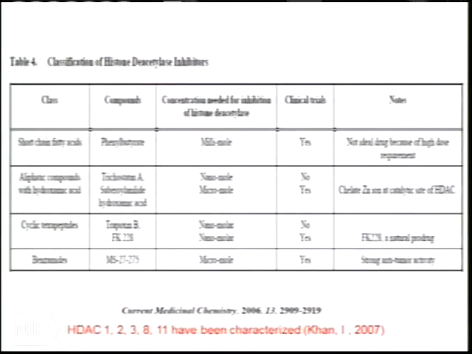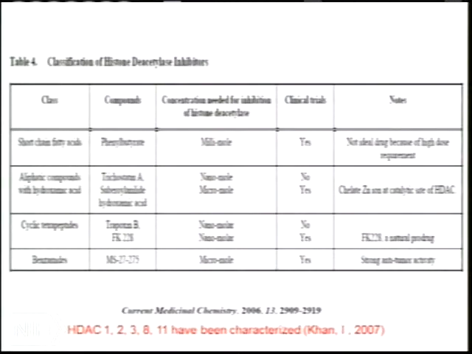And these inhibitors which are being characterized or made are either short-chain fatty acids, aliphatic compounds, cyclic tetrapeptides, benzamides, or other things. And initially only 1 or 2 kinds of histone deacetylase were known. Now more characterization has shown that numbers 1, 2, 3, and 8 are also there.